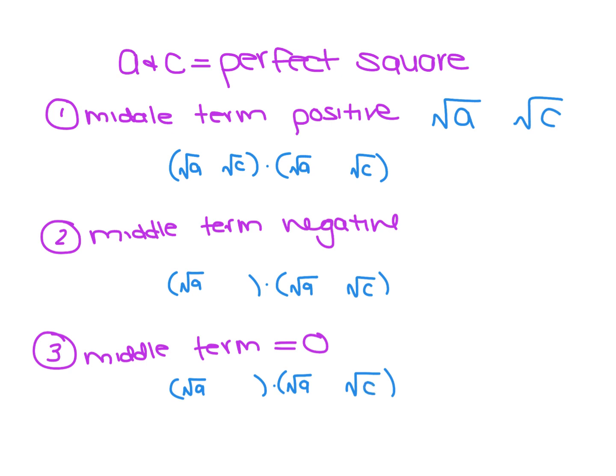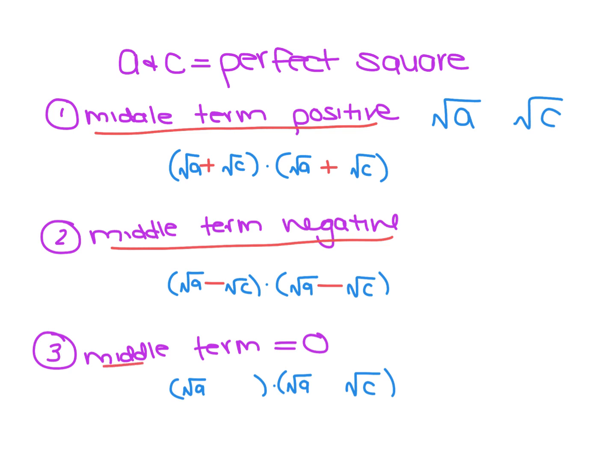The only difference we found as we solved all of these was the signs that go inside of your parentheses. If you have a middle term that is positive, or being added in between a and c, your 2 parentheses are going to contain 2 plus signs. If you have a middle term that is negative, your parentheses are going to simply have 2 subtraction symbols inside of them.